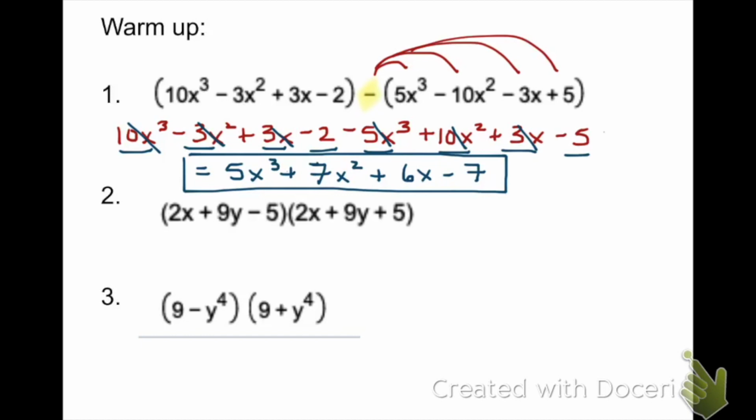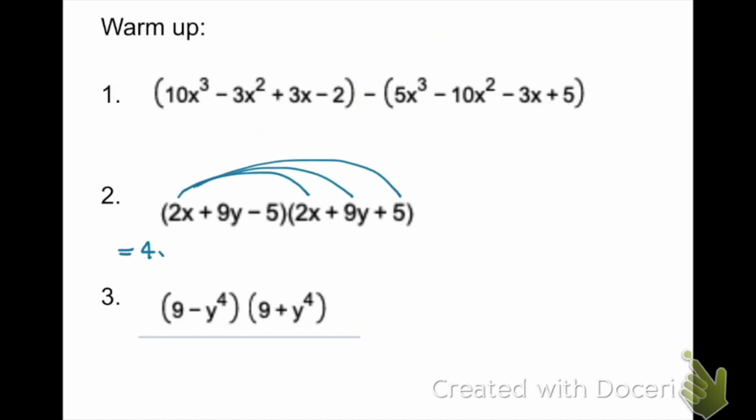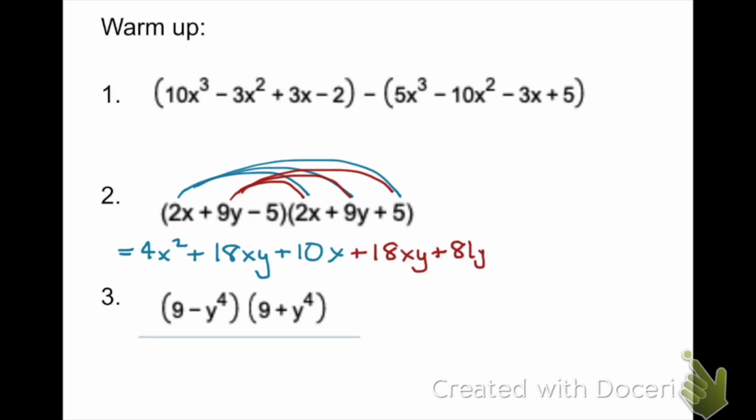In the second warm-up problem here, this is where we were multiplying two polynomials. This means that we need to distribute every term in the first polynomial to every term in the second polynomial. And so if we do that, go ahead and distribute the 2x to everything, and distribute the 9y to everything, and then the negative 5 to every term in that second polynomial.